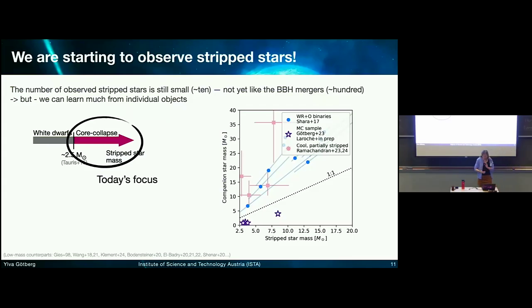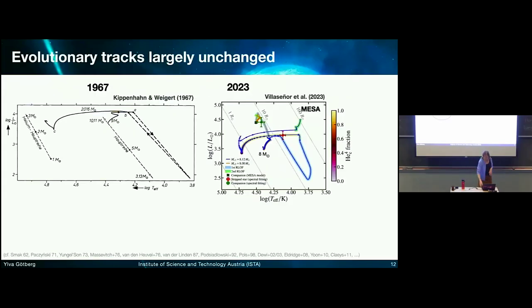So, to begin with, from a theory side, where we are today and have been for several decades is that our evolutionary models look roughly the same. This is the first model made by Kippenhahn and Weigert in '67. And here, just because it's beautiful, is a model made in 2023 by Jaime Villaseñor.